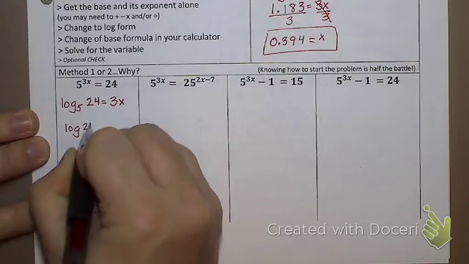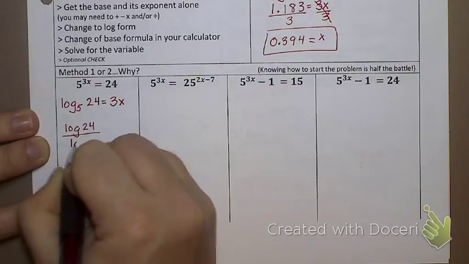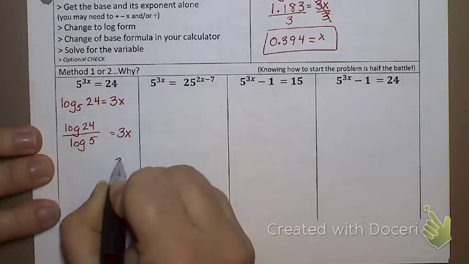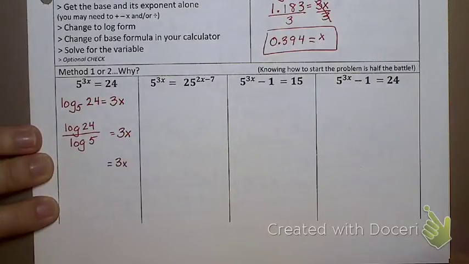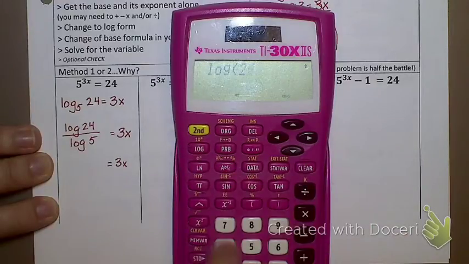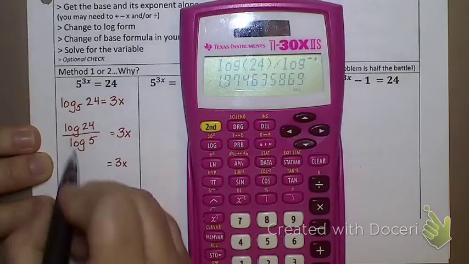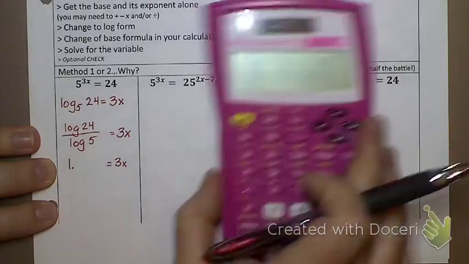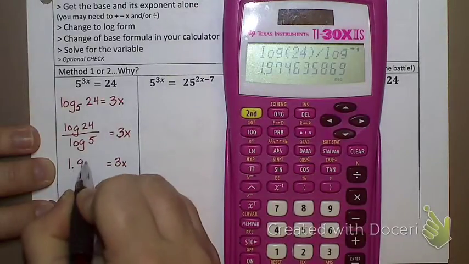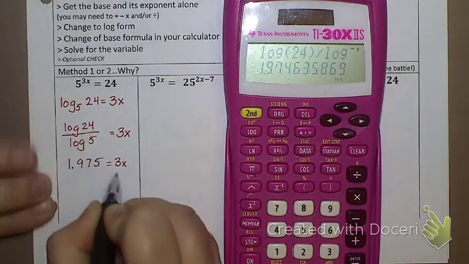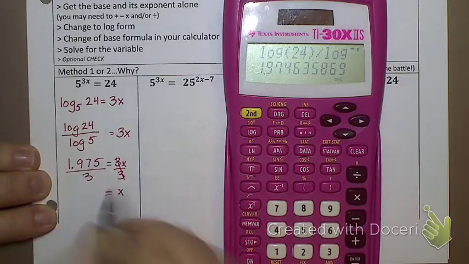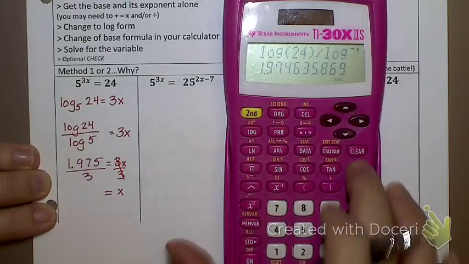Log 24 divided by log 5. So let's see what log 24 divided by log 5 is. It's 1.9746. What is that going to round off to? 1.975. Divide it by 3, and x equals, so I didn't clear anything, just hit divided by 3.